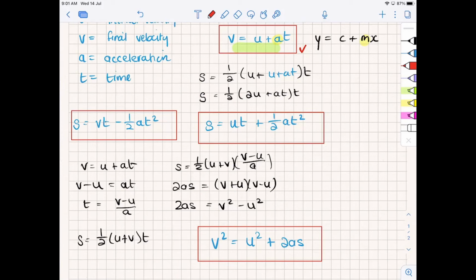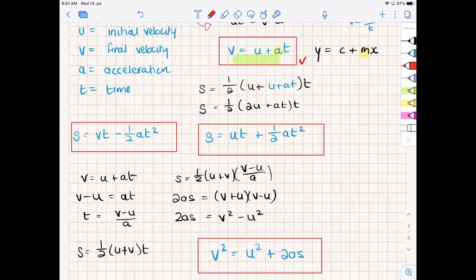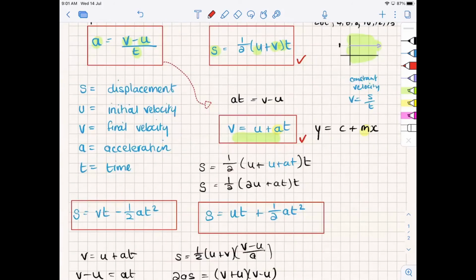So it cuts down on the workload, because sometimes we don't have all the variables, and you'll notice in certain of the formulas, we tried to cut one of the variables out. So in the very first formula, there's no acceleration. So if you aren't given acceleration, then you can use this formula over here.